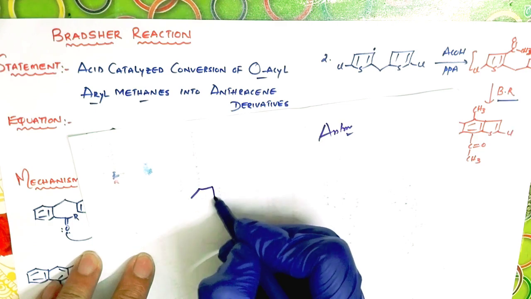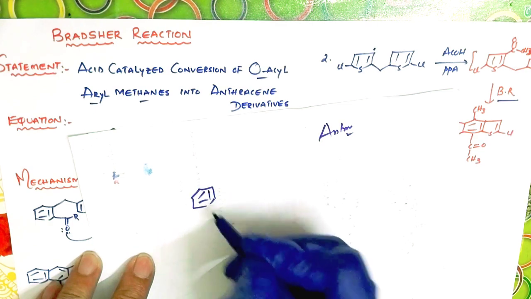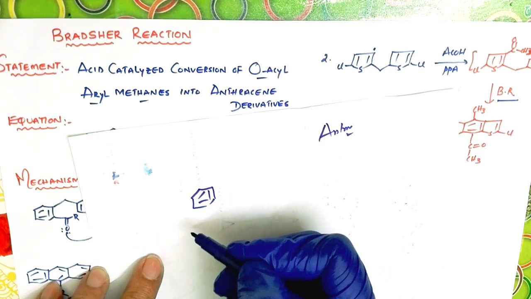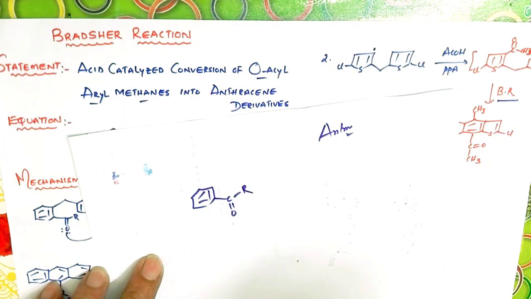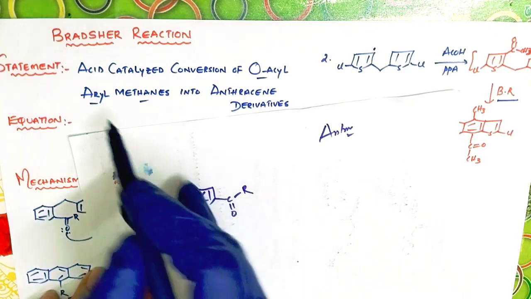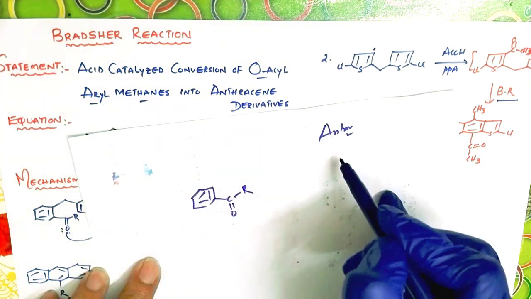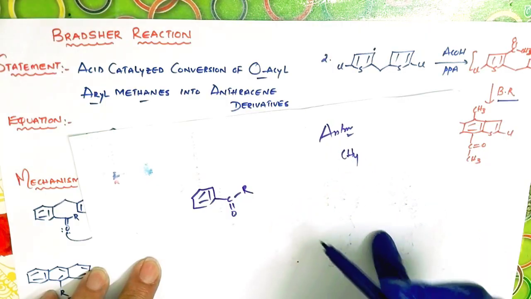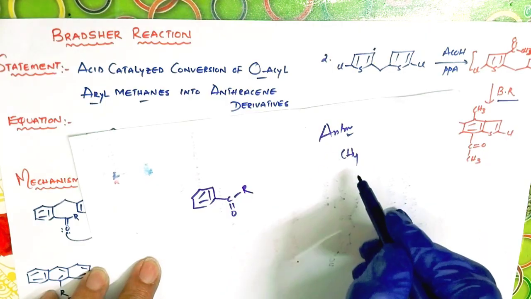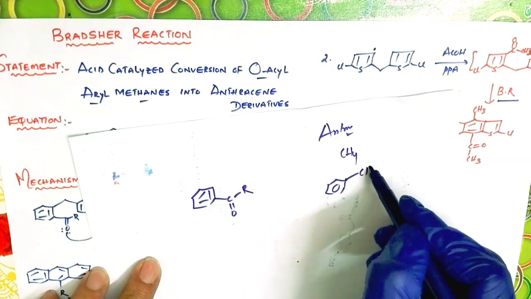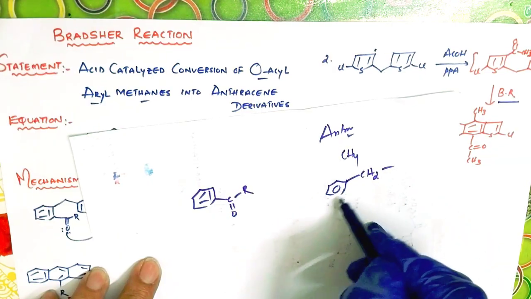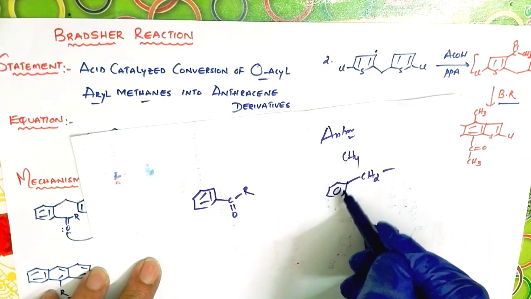Ortho-acyl. If you talk about ortho-acyl, means we should have a benzene ring or not? Benzene ring should have the acyl group, C double bond O R. Okay, this is connected to aryl methane. Methane means CH4. Aryl means we should replace the hydrogens with benzene.